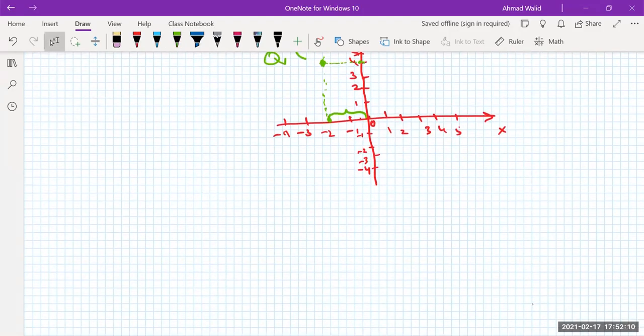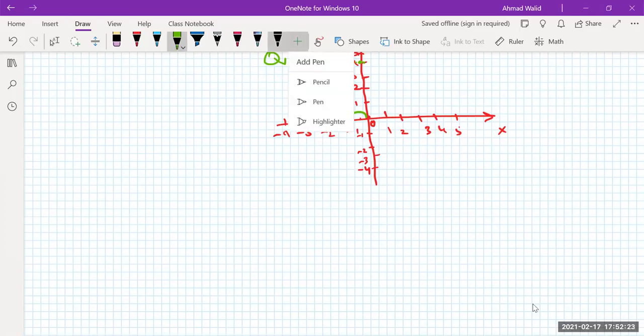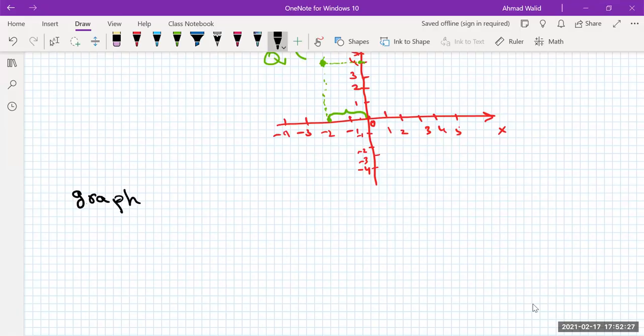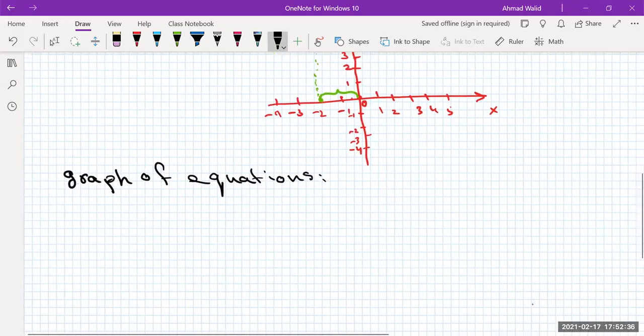The other topic that I want to discuss with you here, a small short lecture, is graph of equations.